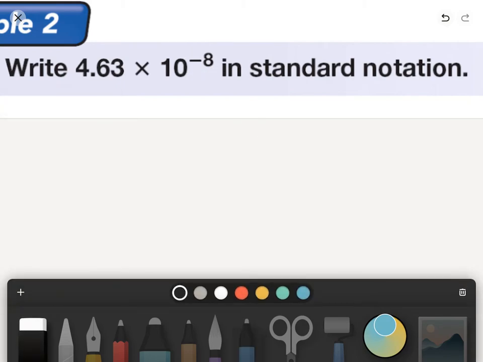Okay, so let's say 3.2 times 10 to the power of negative 3. So the rule for that is, if I want to convert this scientific notation into standard notation, then this negative 3 means I'm going to bounce the decimal 3 digits to the left.